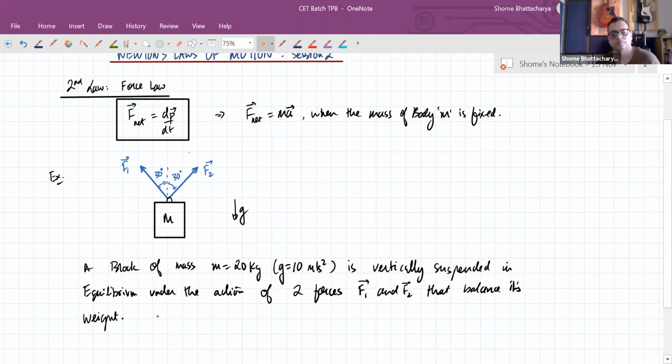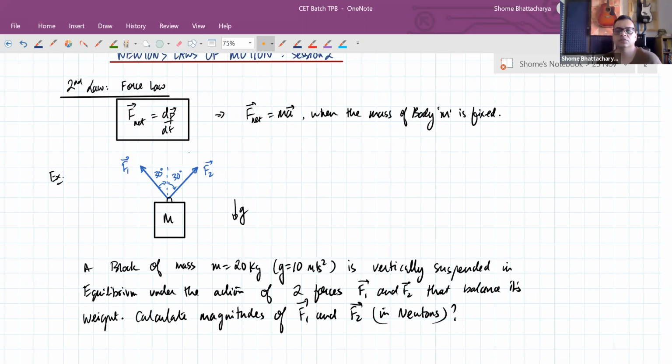Calculate the magnitudes of F1 and F2 in newtons. So let's begin today's session with the discussion of this question. Just make a note of it quickly first.